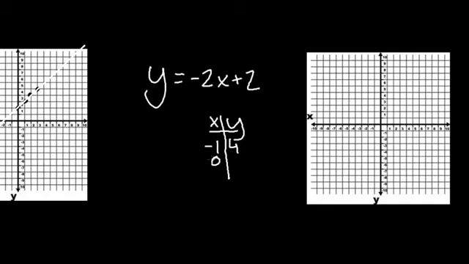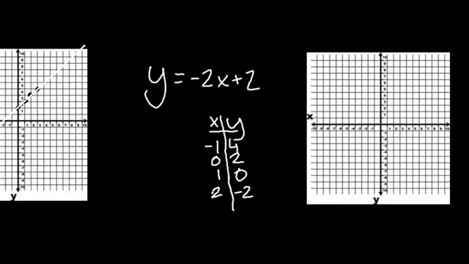If we had 0, it would be 0 times negative 2, and then plus 2, which would be 2. If we had 1, it would be negative 2 plus 2, so that would be 0. And if we had 2, it would be 2 times negative 2, which is negative 4, plus 2, which is negative 2.